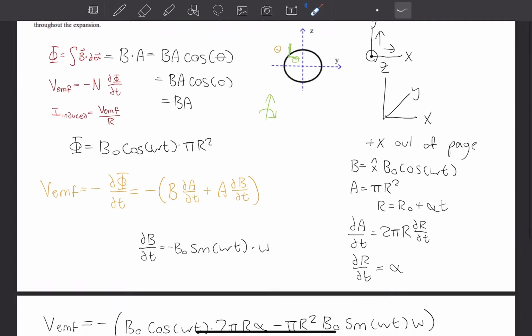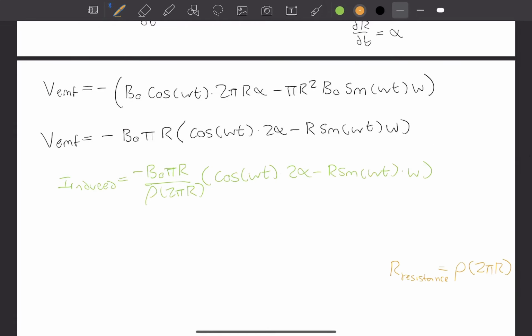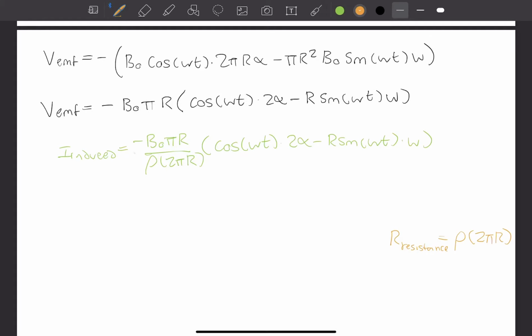And so the I induced will be in the clockwise direction. Now, of course, this negative here refers to the negative from the counterclockwise direction.